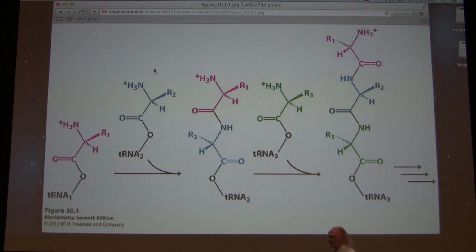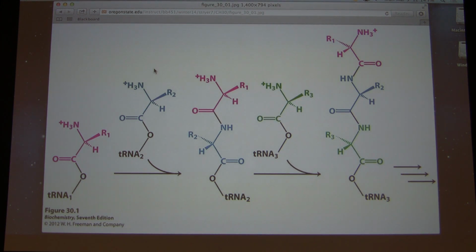This figure on the screen shows how the transfer RNAs get their amino acid. Amino acids in a transfer RNA are linked to the 3' end of the transfer RNA. They are linked as a result of action of an enzyme, the long name, called an amino acyl tRNA synthetase.